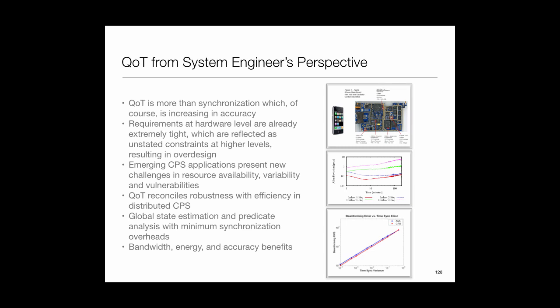From a system engineer's perspective, this notion of the quality of time, that delta I talked about: one naive way of thinking is, hey, all I need is more accurate time. But as we saw, that's not necessarily the case, because different parts of the system may need time with different accuracies. Many new applications face challenges where just making the best time at all times is not the answer.